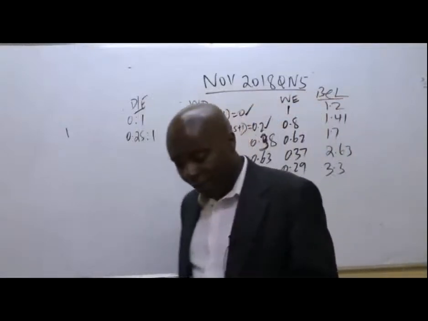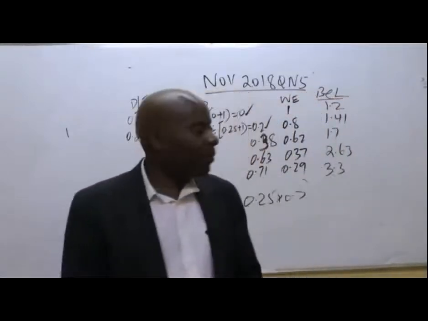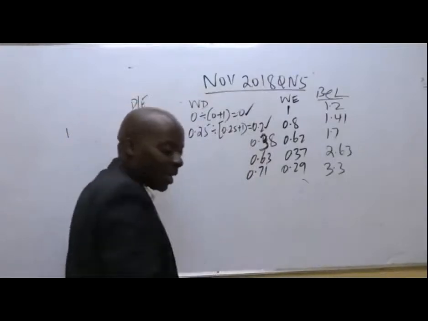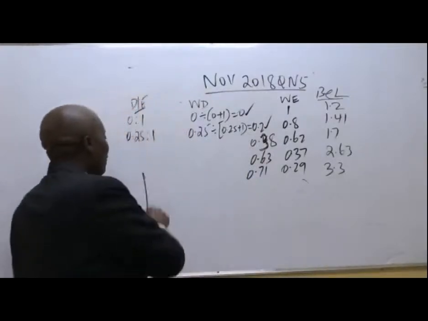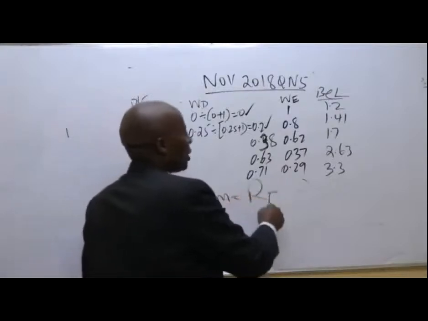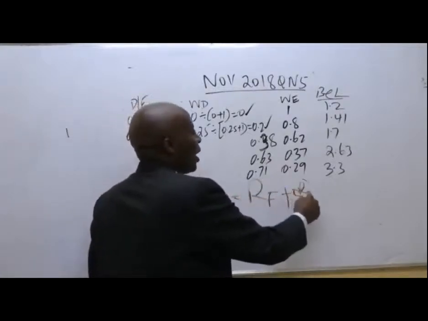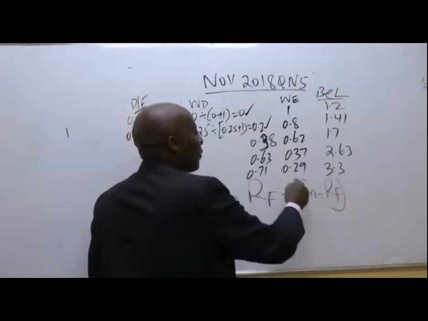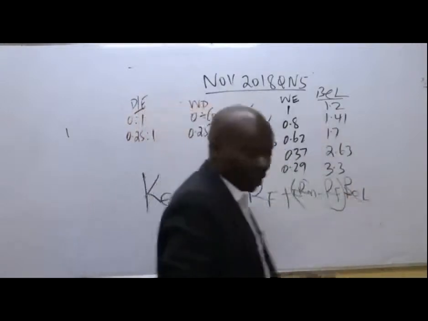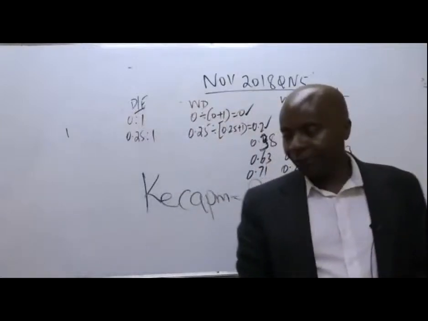So using CAPM, first of all, I'll write for my examiner, the cost of equity will be equal to risk-free plus (ERM minus RF) multiplied by beta equity, which will be levered, like that.